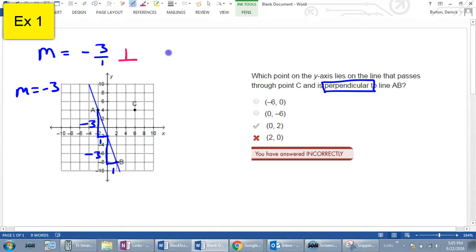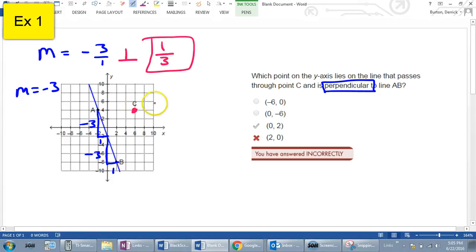Alright, so the reciprocal of this would be 1/3. And since the original one was negative, then I'm going to need a positive 1/3. Okay, so I'm going to make sure that my slope goes up 1/3. Now it's supposed to go through the point C, so I might as well start here and go up 1/3, rise over run.